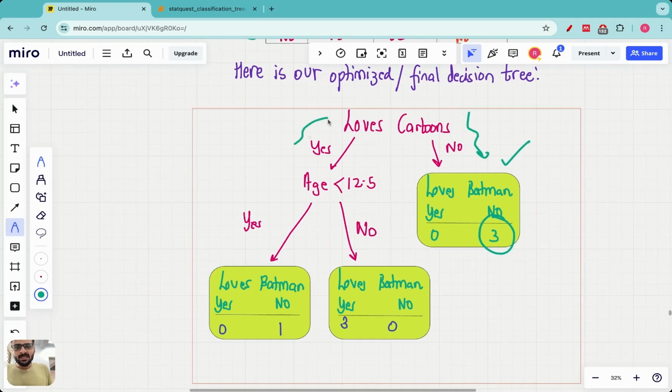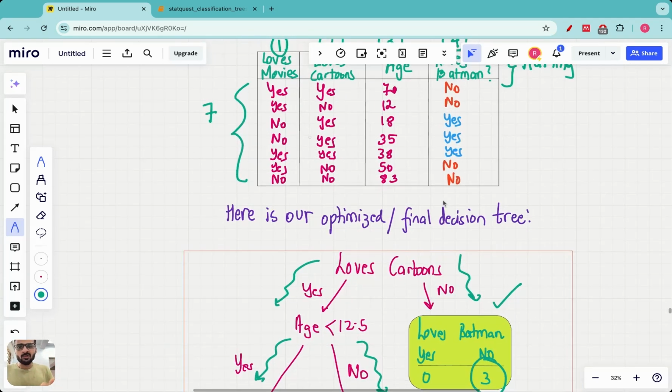If they say yes, they do love watching cartoons, then we ask their age. If the age is less than 12.5, we can confidently say that they do not love Batman. If their age is greater than 12.5, which means if they are in this branch, we can confidently say that they do love Batman. You can check this decision tree and whether it makes sense for the training data.